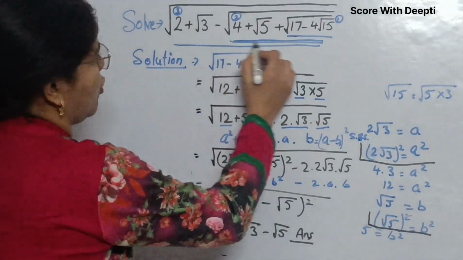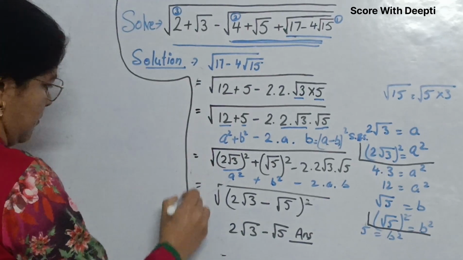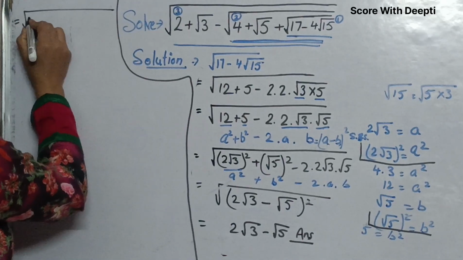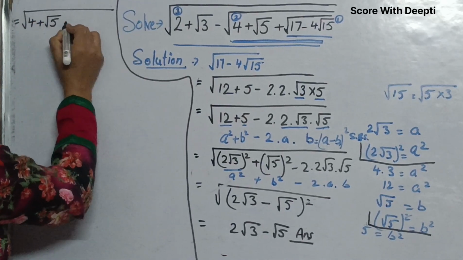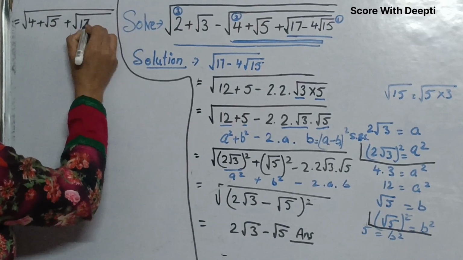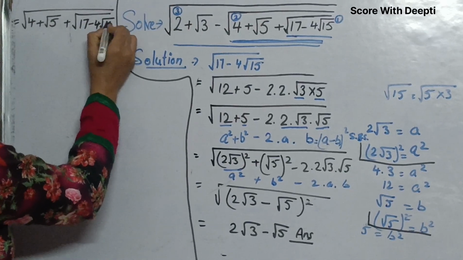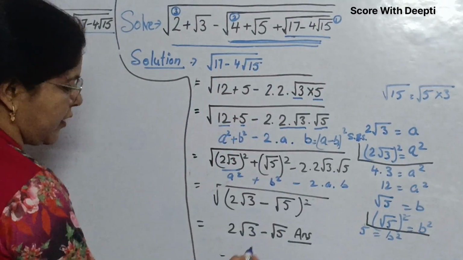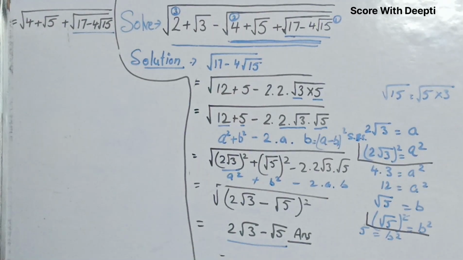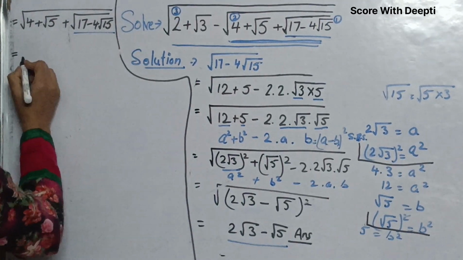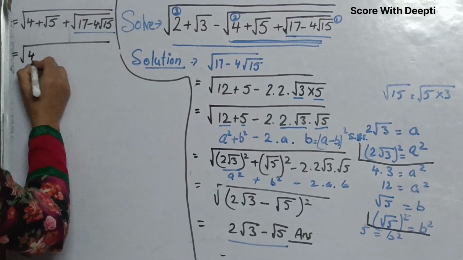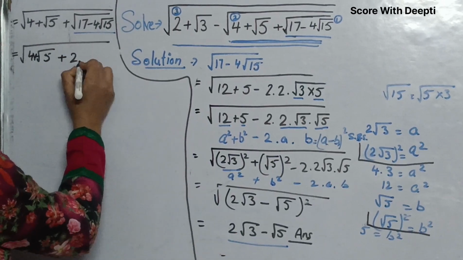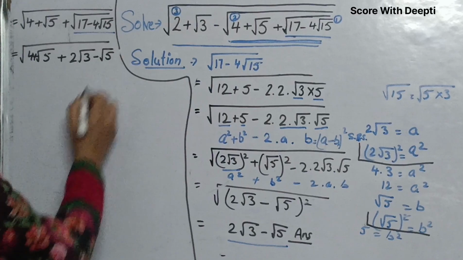Now we have to find the value of the second term. First we write square root of 4 plus square root of 5 plus square root of 17 minus 4 square root 15. In place of the inner radical we already found the value, so we write 4 plus square root 5 plus 2 square root 3 minus square root 5.